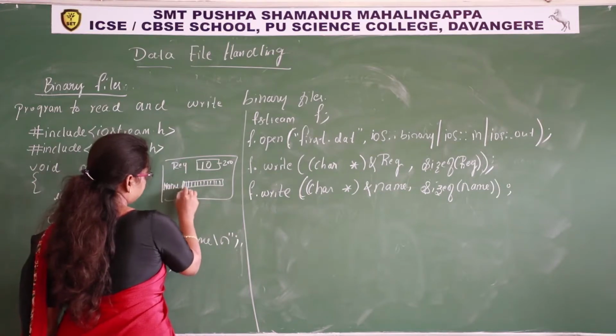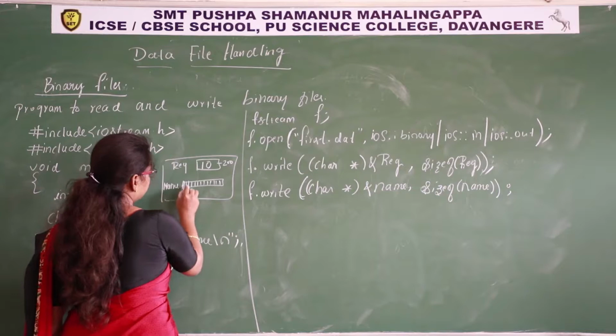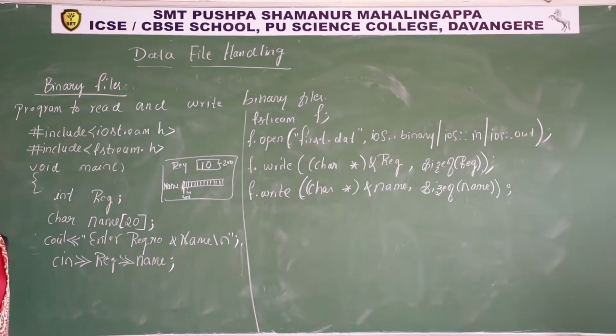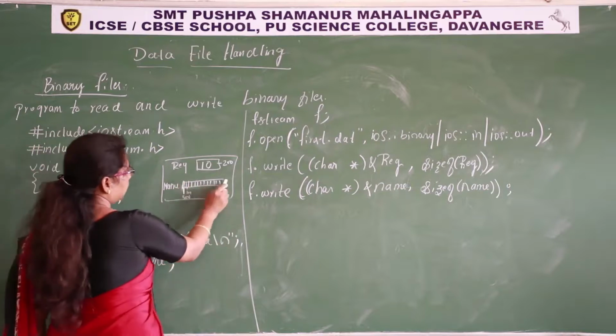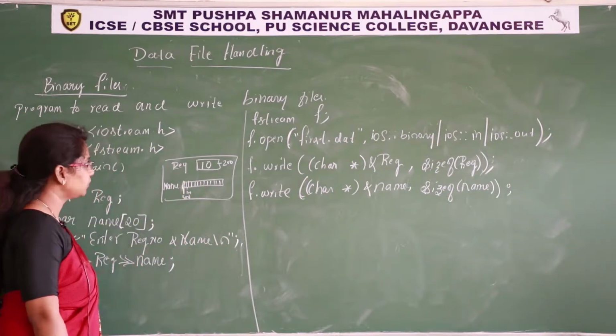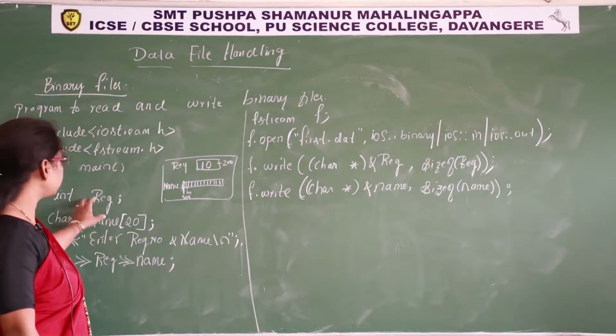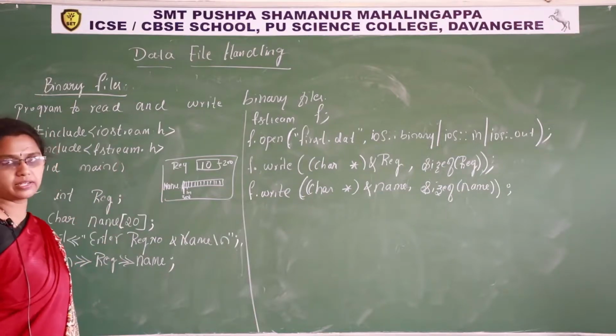The first memory address I will consider 300, 301, because for a character array each character requires 1 byte, and the whole array name is name. We write values for these two variables and I am going to write these two contents into the binary file.